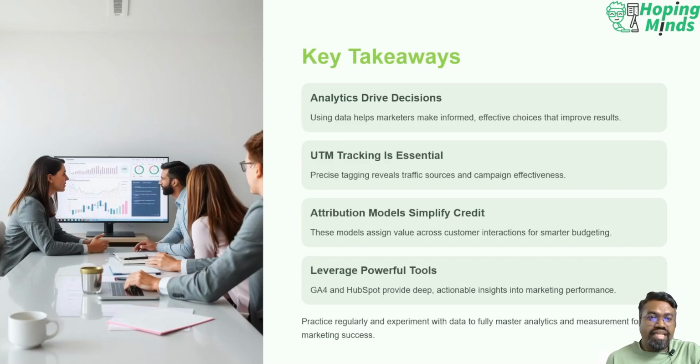Now, the key takeaways that you should take from these slides are: number one, analytics drive decisions. Using data helps marketers make informed, effective choices that improve results. UTM tracking is essential. Precise tagging reveals traffic sources and campaign effectiveness, and hence we can start doing proper UTM building, and then we need to make sure that we attach those UTMs along with the URL.